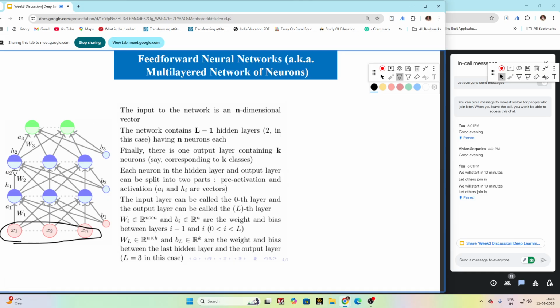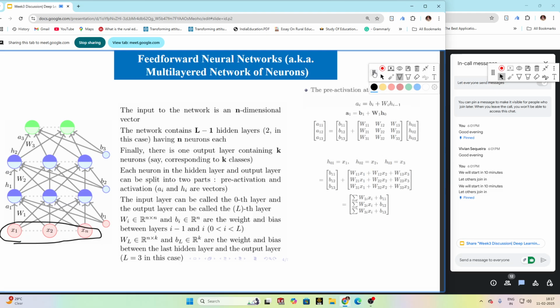Similarly, we get the matrix for the next layer and the one after. When we get the matrix, we multiply it by the input and add the bias, and we get A1, the pre-activation output. Then we put it in a function known as the activation function, and we get the output of this layer.